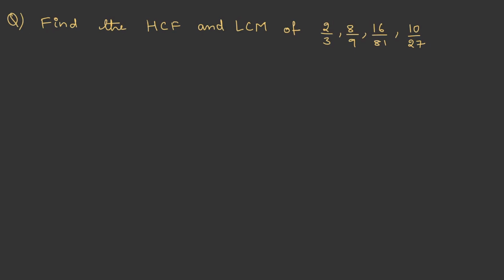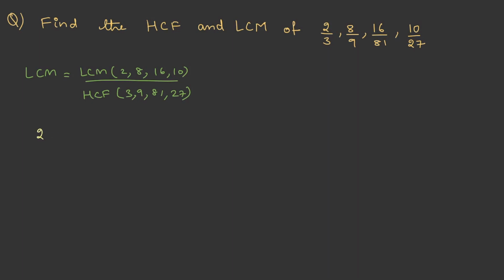Let us find the LCM first. We already know the formula for LCM is LCM of the numerators, that is LCM of 2, 8, 16 and 10 upon HCF of the denominators, that is 3, 9, 81 and 27. Let us do the prime factorization for both.